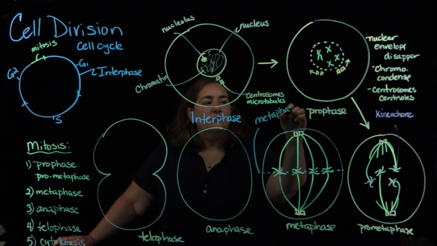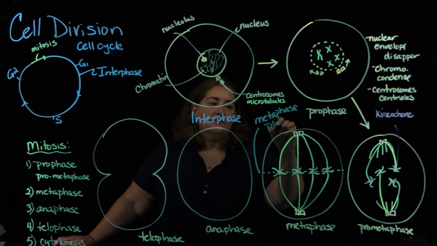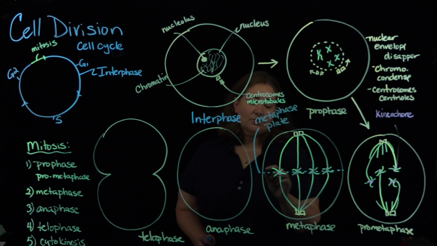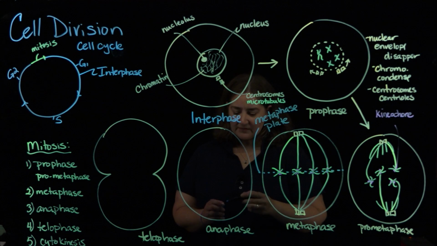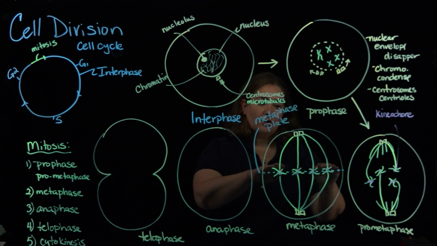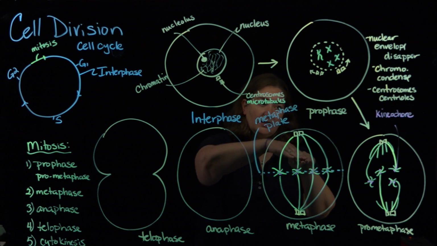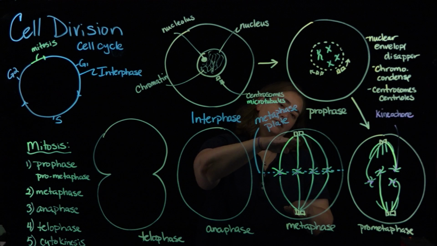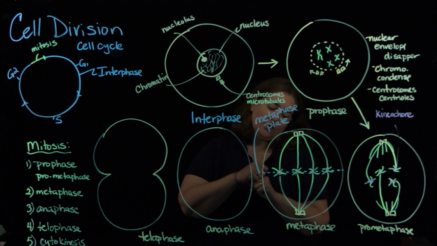We've got what's known as the metaphase plate. That's just an imaginary line that goes across the middle of the cell, and that's how our chromosomes are going to line up. And eventually, those sister chromatids are going to separate, and they're going to move to opposite poles.